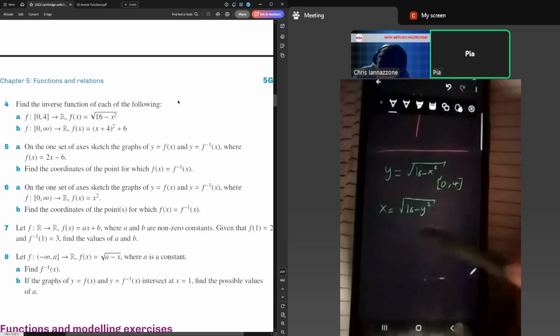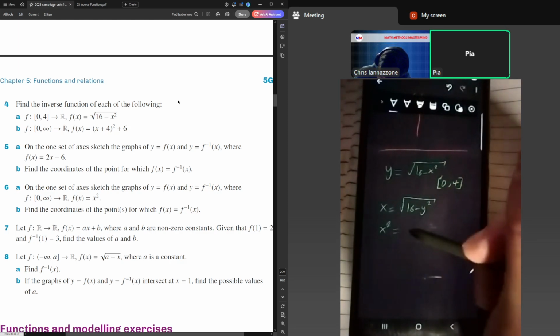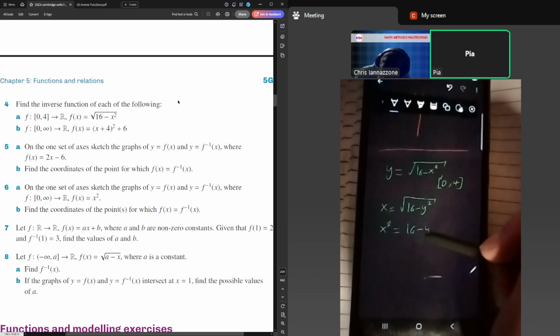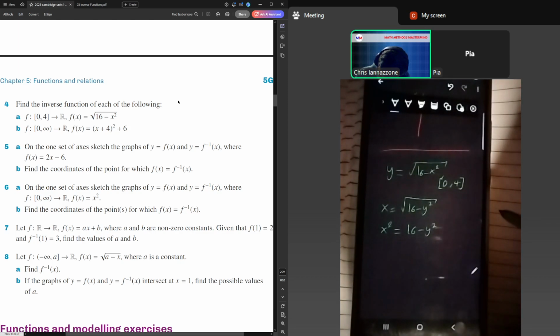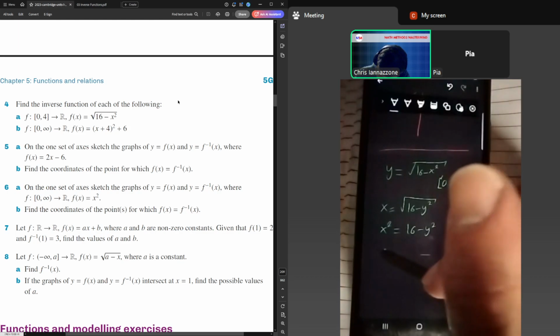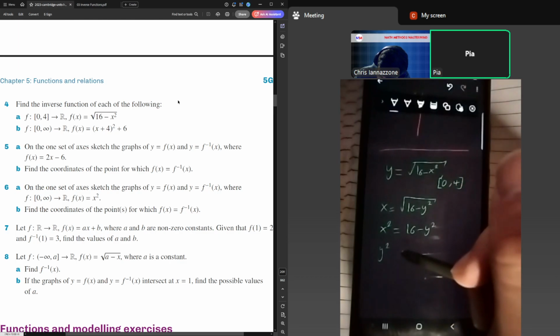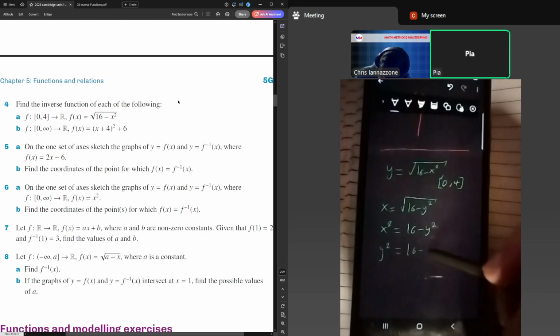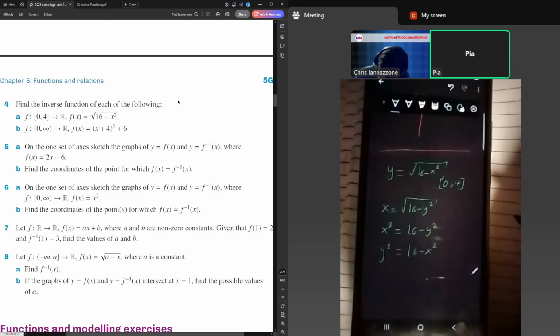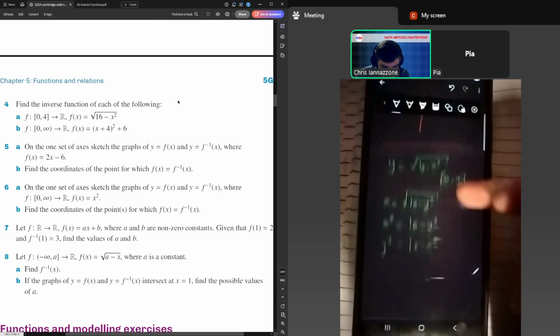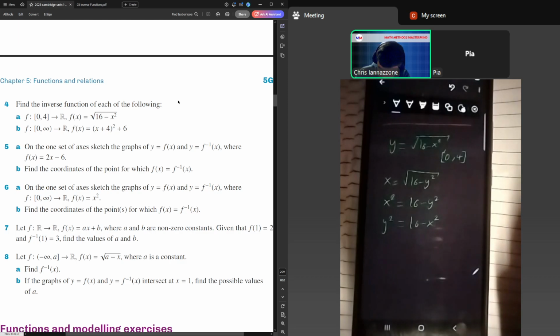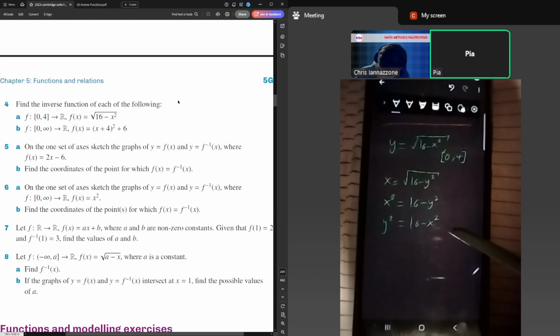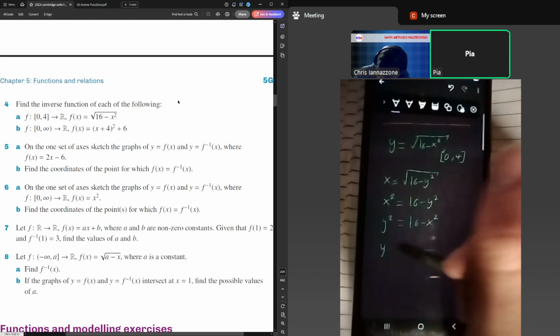Can we square both sides? Yep. x squared equals 16 minus y squared. And then move the y squared, so it'd be y squared equals negative x squared plus 16. Yep. That's good. And then we can square root. Nice.